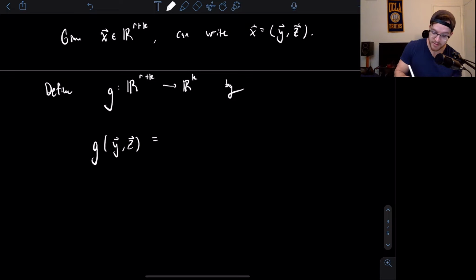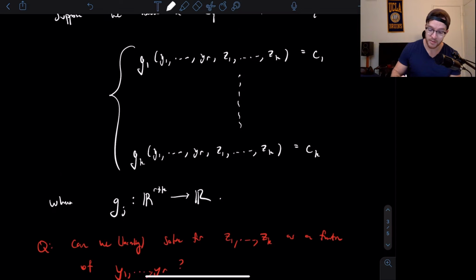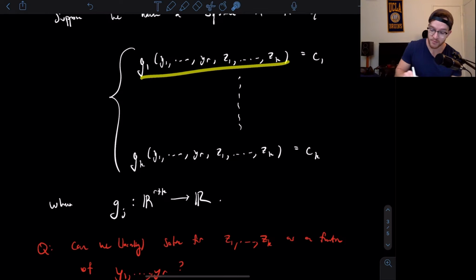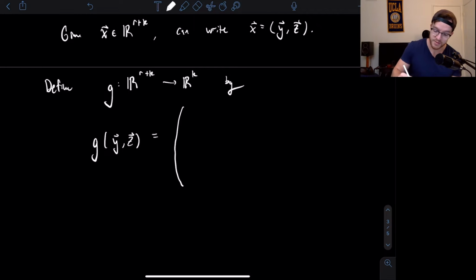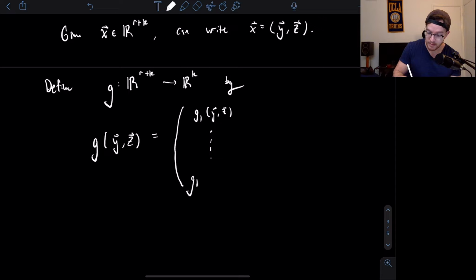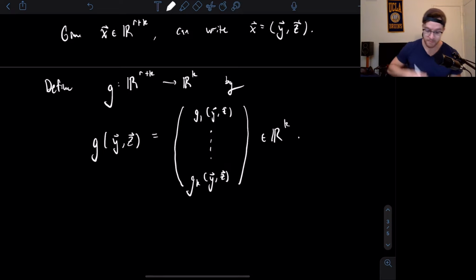And the thing that it spits out is the k vector consisting of all of these component functions. So the components of g are going to be g1 of (y, z), all the way down to gk of (y, z). And indeed, this is going to be an element of R^k.